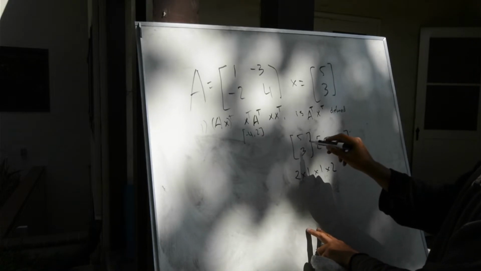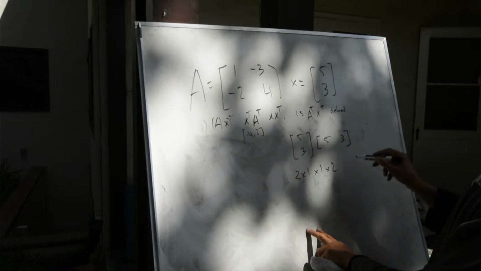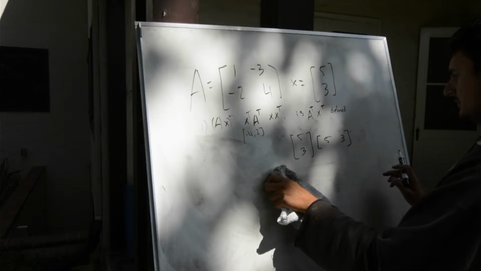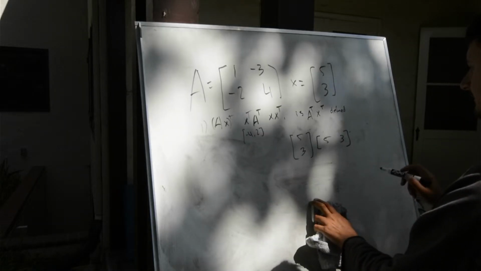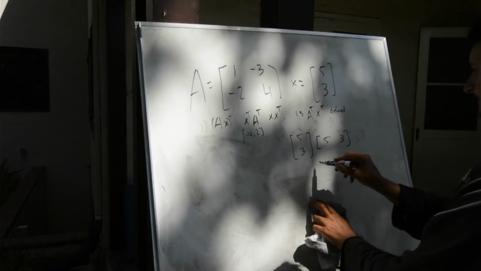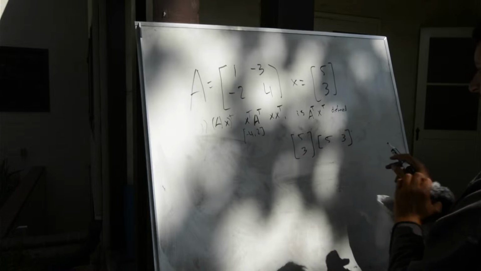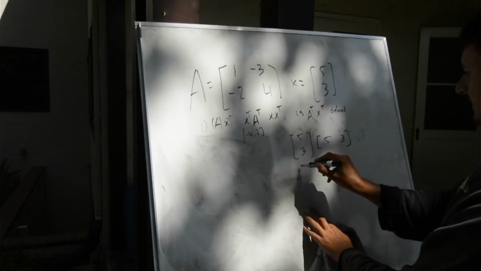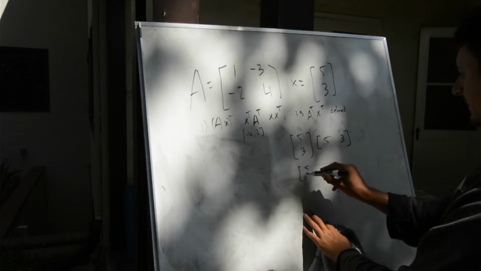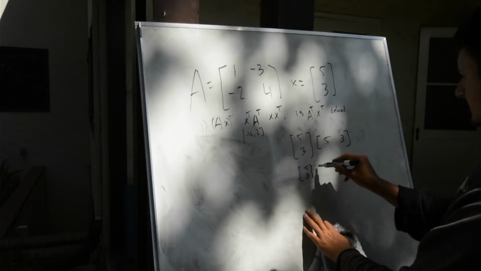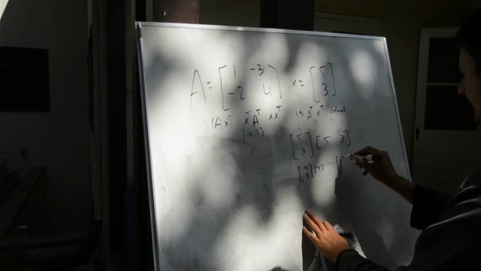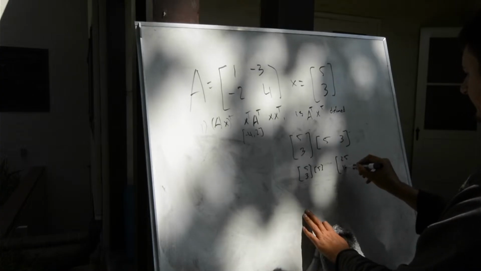The way we're going to do this is we could think of it like this. It's going to be 5, 3, just times 5, which is going to be 25, 15.